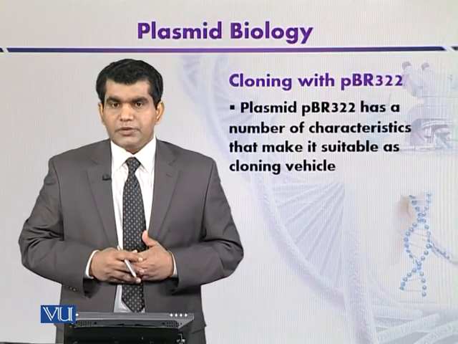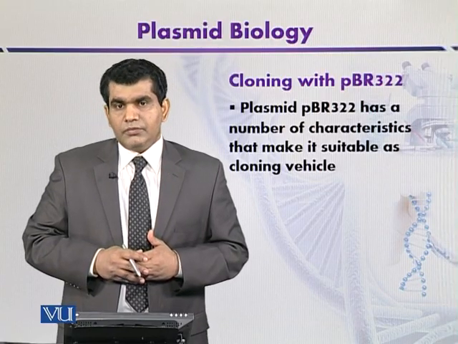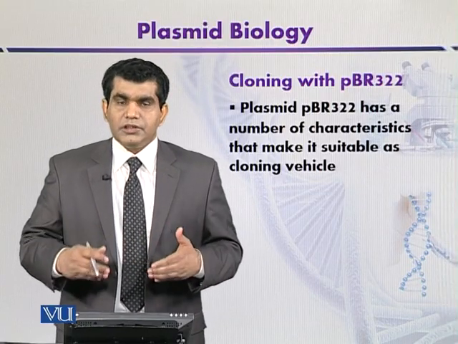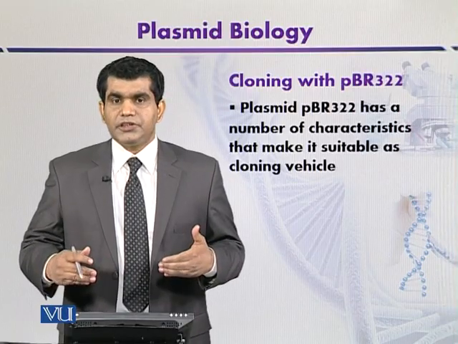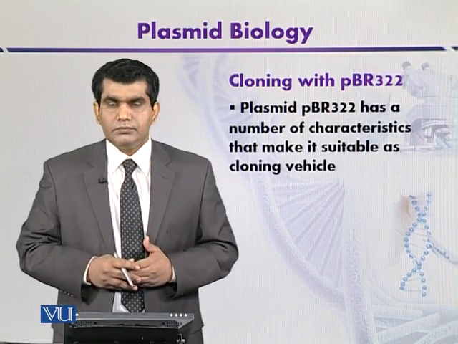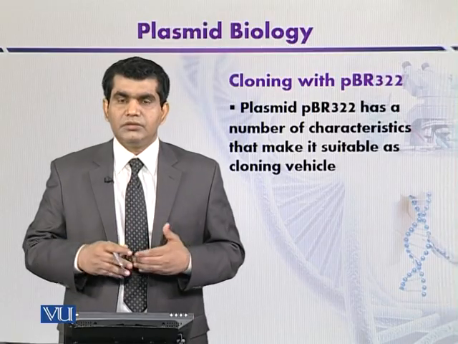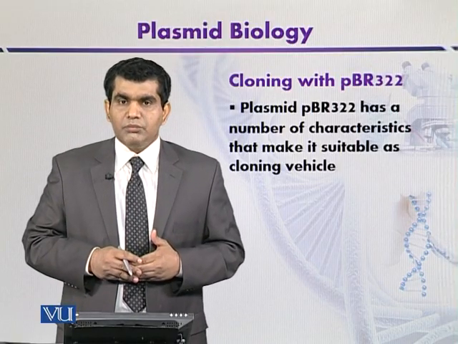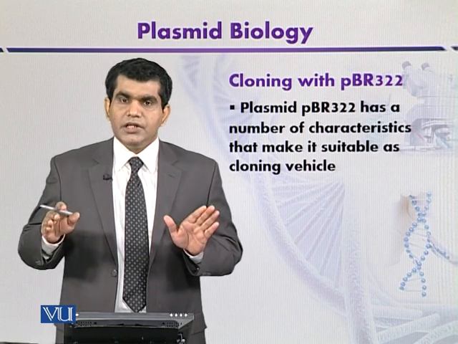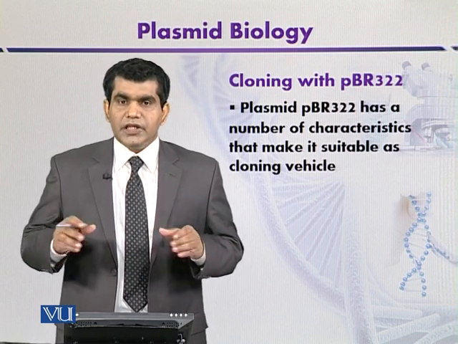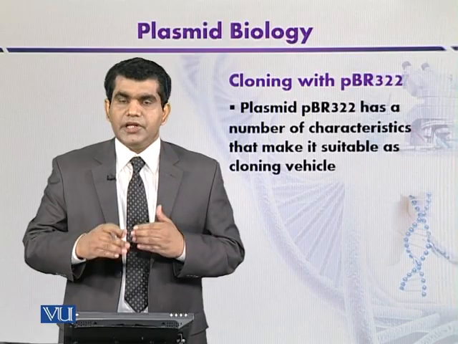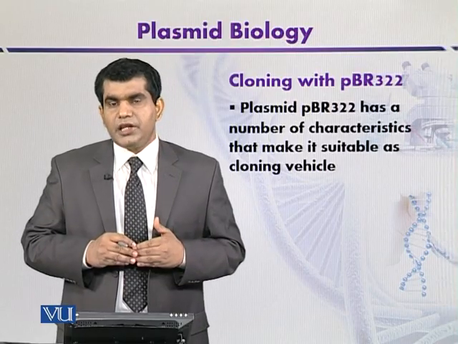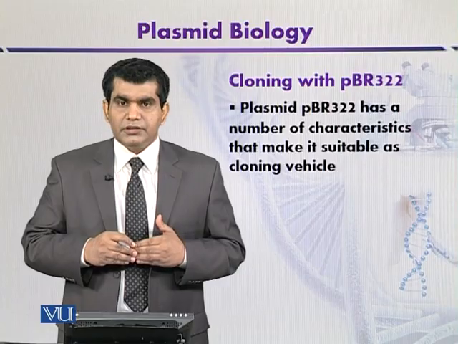Another desirable property is that during isolation, this plasmid is mostly present in supercoiled form, so its isolation is relatively easy. Moreover, DNA fragments with a length of 10 kilobases can be cloned by using pBR322.